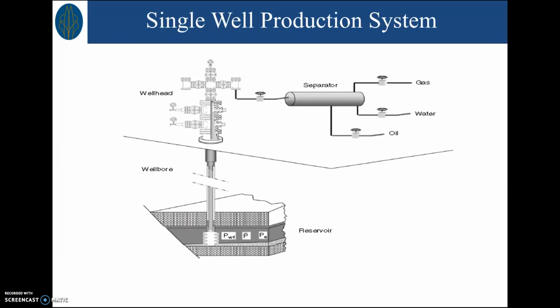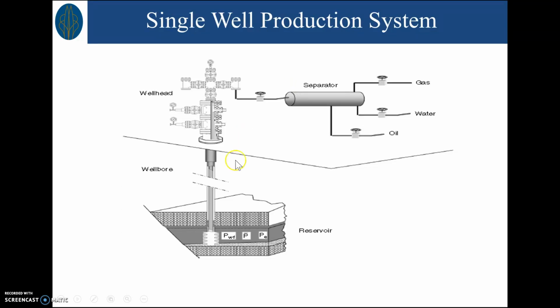So here is a typical single well production system. As we see here, it starts from the reservoir with a given or specific pressure, and we have the well and the well head. Then it goes from the well head into the separator, or sometimes to the oil gathering manifold.